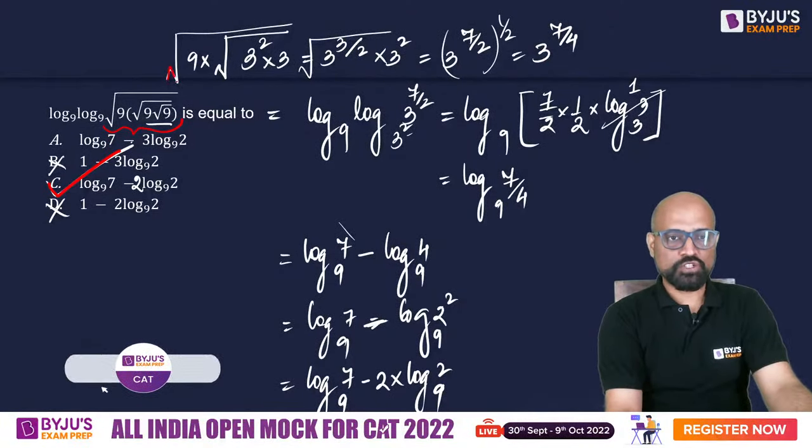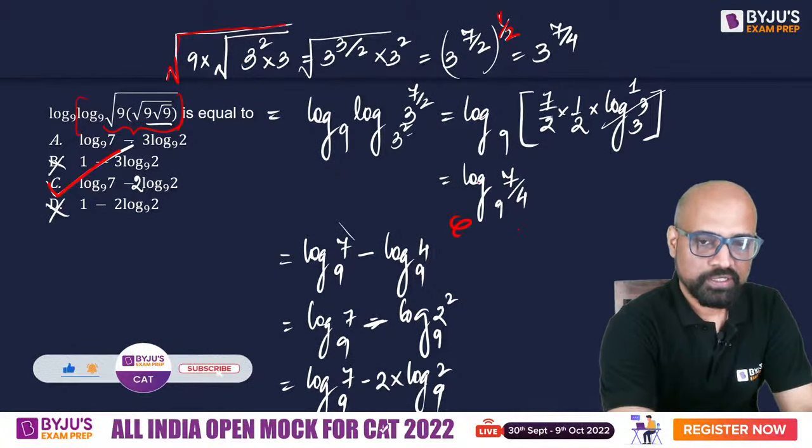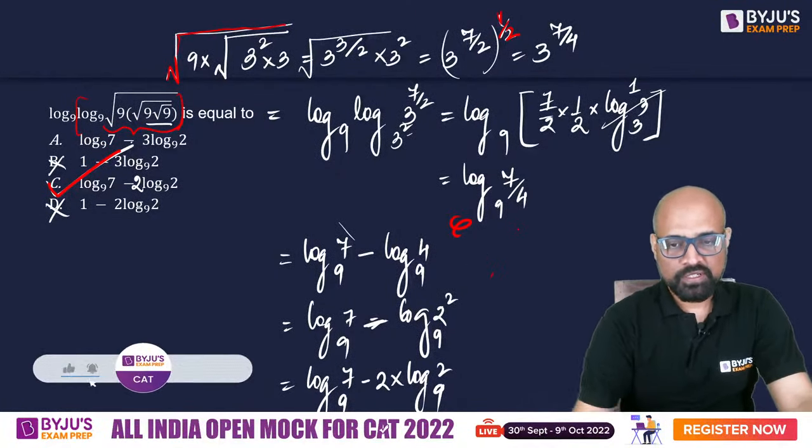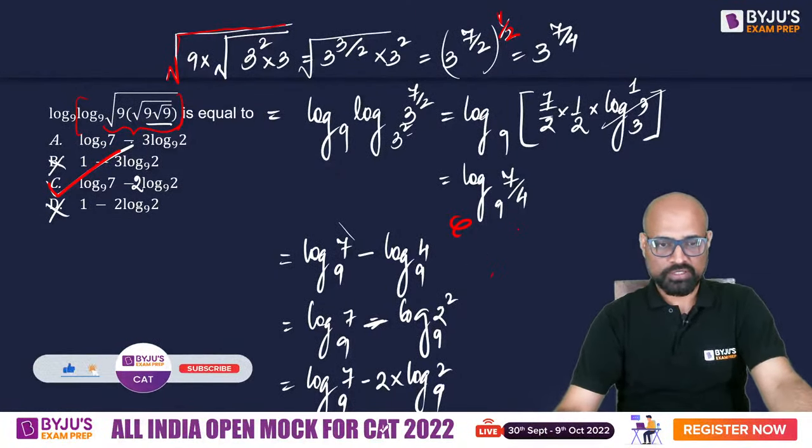Achha haan, I have to write this 9 as 3 square also, right? So this was 7 by 4. Hold on, guys. So we had one more log 9, no?